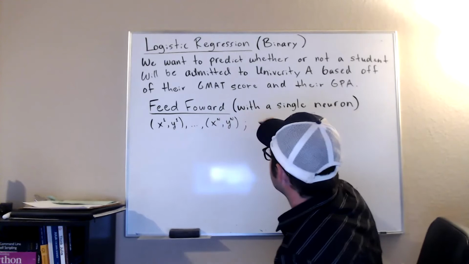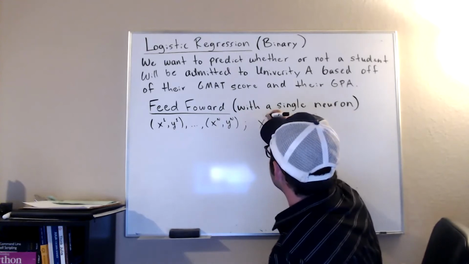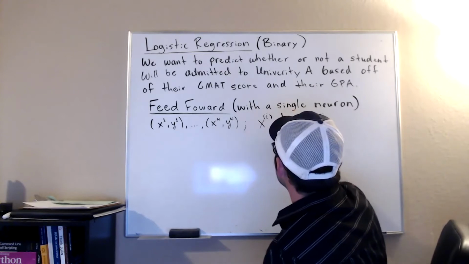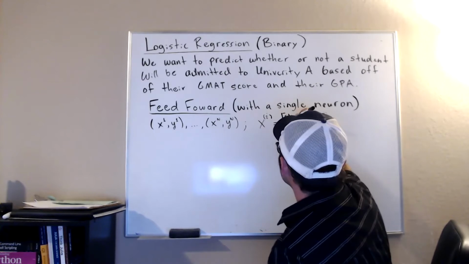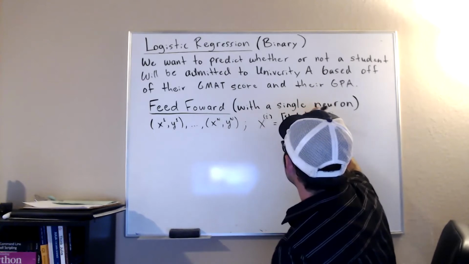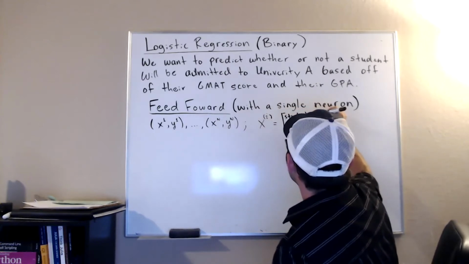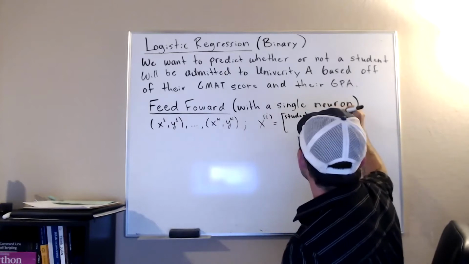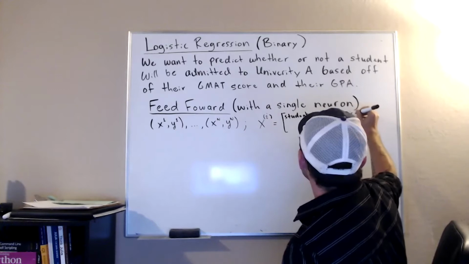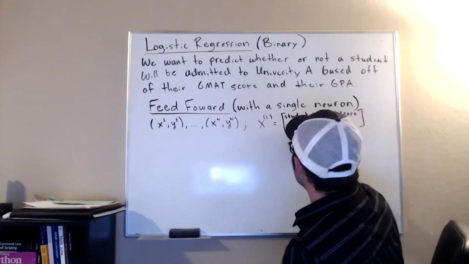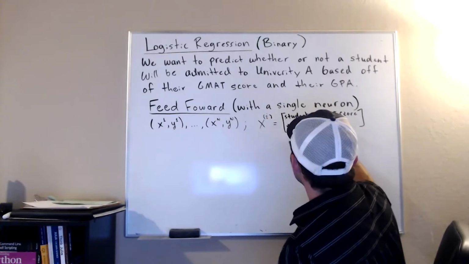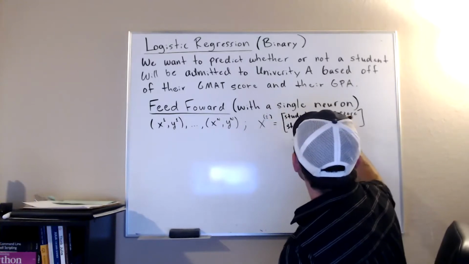So x of i is something like student i GMAT score and student i GPA.